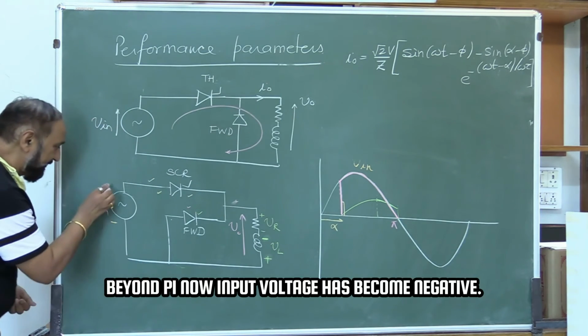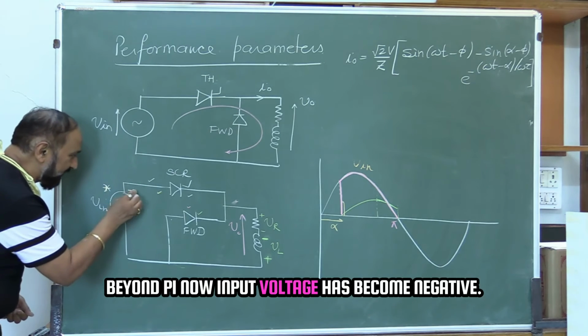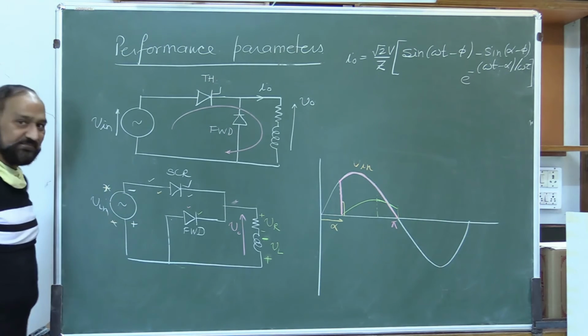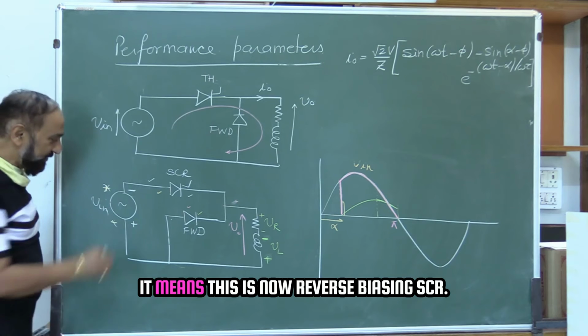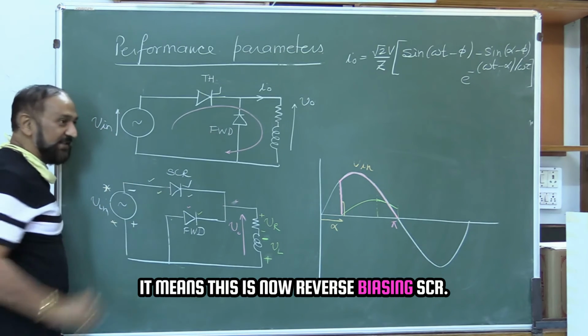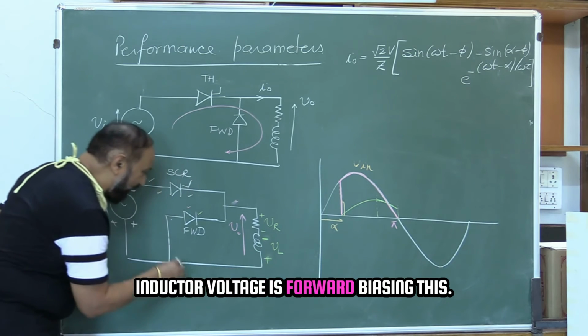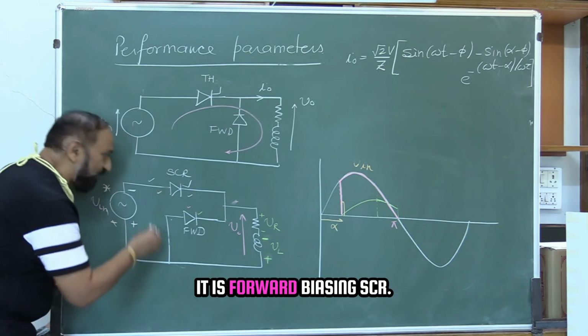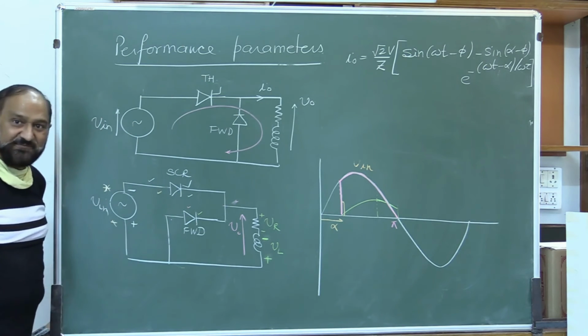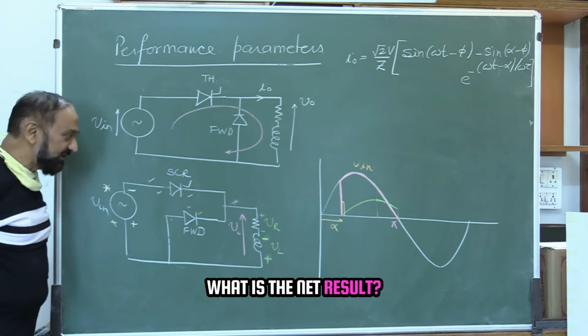Beyond pi, now input voltage has become negative. It means this is now reverse biasing SCR. Inductor voltage is forward biasing this, it is forward biasing SCR. What is the net result?